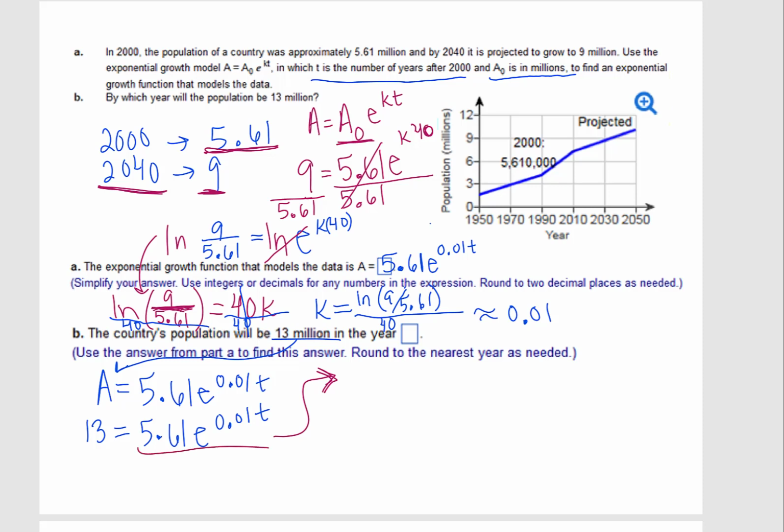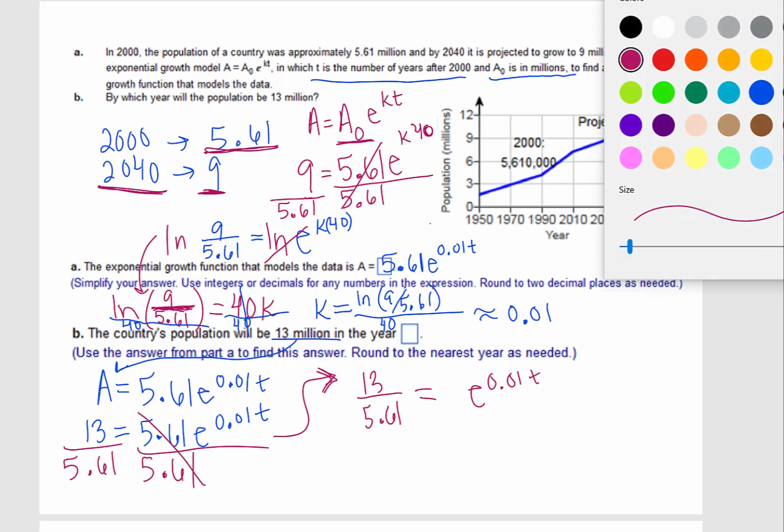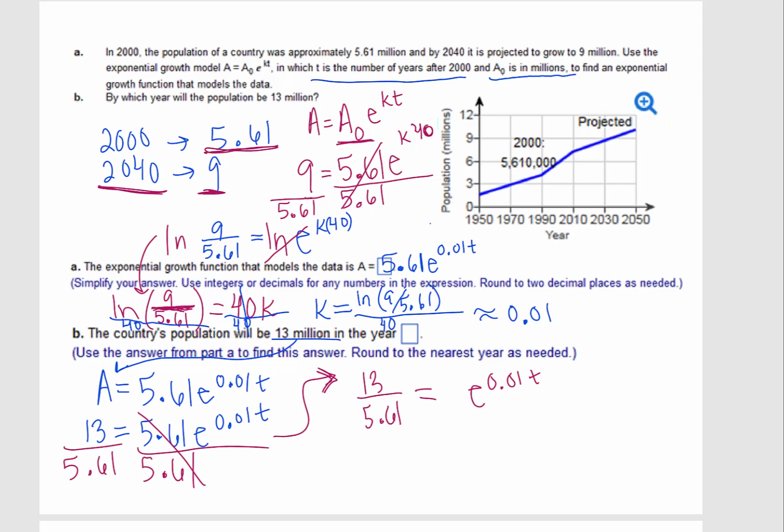Well, down here, I'm going to divide by 5.61 on each side. Okay, so over here, I have 13 divided by 5.61 equals e raised to 0.01 t. Because I have e as a base and I isolated it, I can take the natural log of both sides.